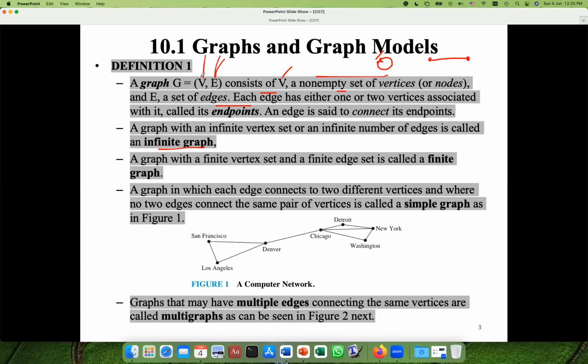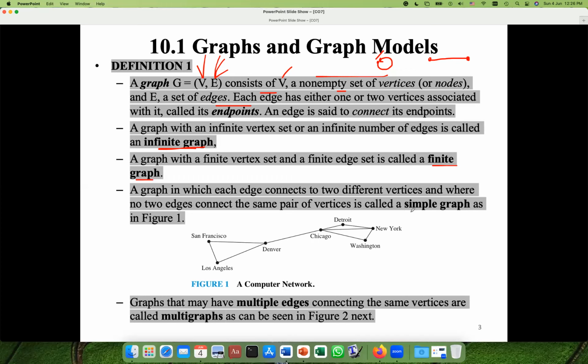In a graph, you have only two things, and if any one of these two things is infinite, you can call that graph an infinite graph, nothing else. And then the finite graph, yes, that is the opposite of infinite. In the finite graph, you have a finite number of vertices and a finite number of edges. There is no infinity in that graph.